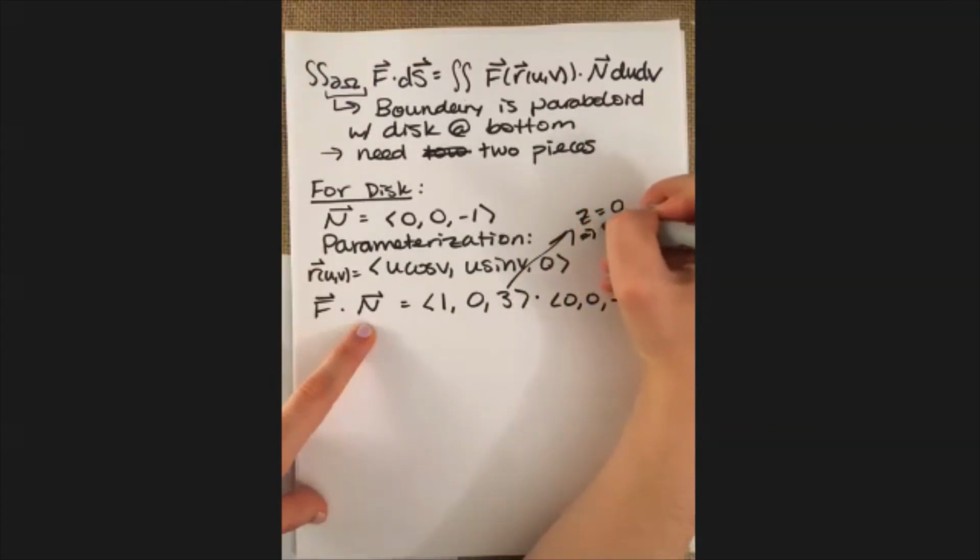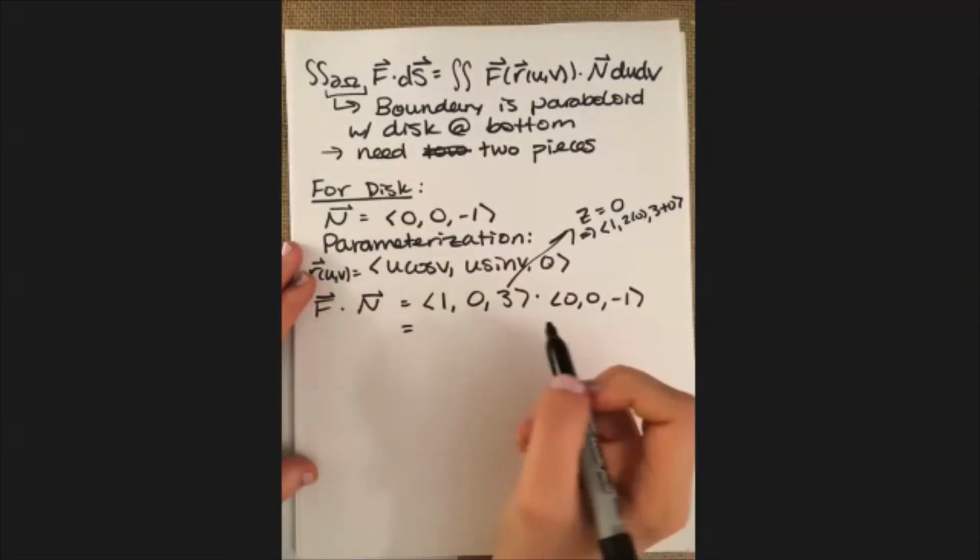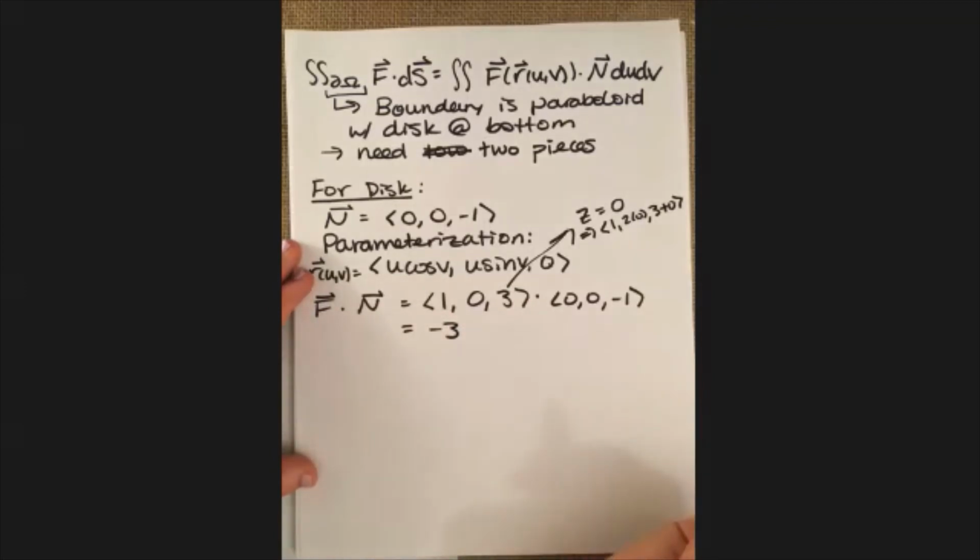So then what we're going to get is 1, and then 2 times 0, and then 3 plus 0. So just so you're aware of where this piece came from. You take that dot product and you're going to get negative 3.